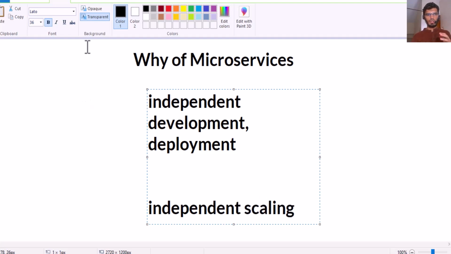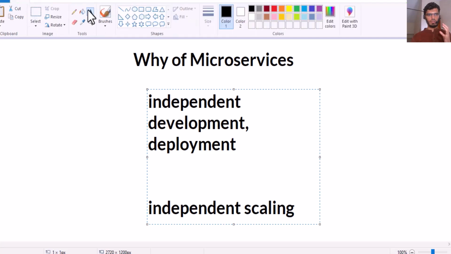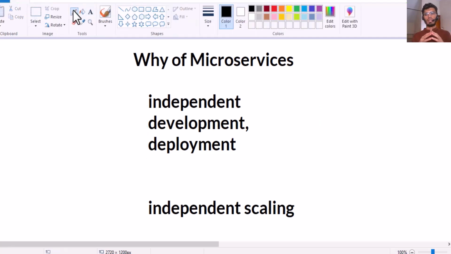This means in monolithic architecture, our services, modules and components are tightly coupled, and we cannot develop, deploy or scale them individually. Why? Because they are present in a single code base or a single unit.